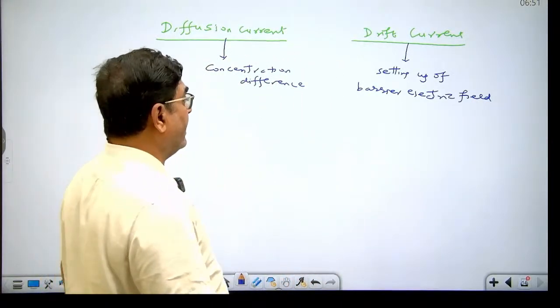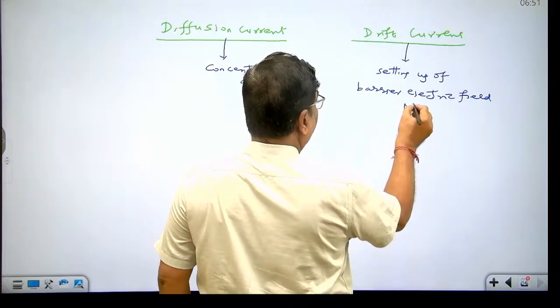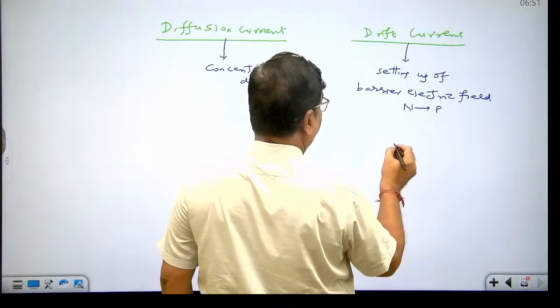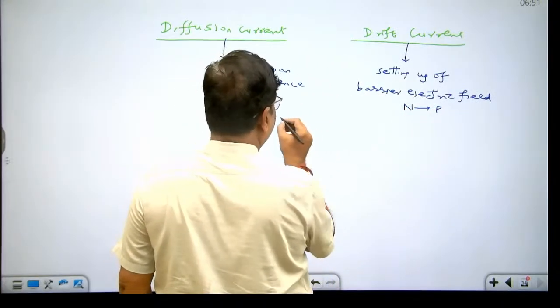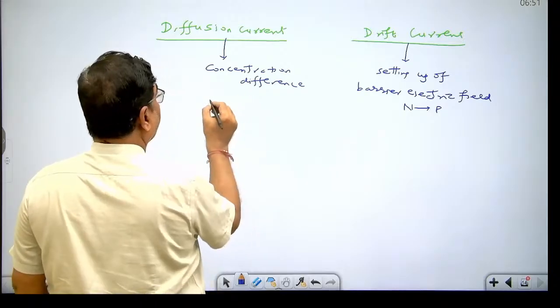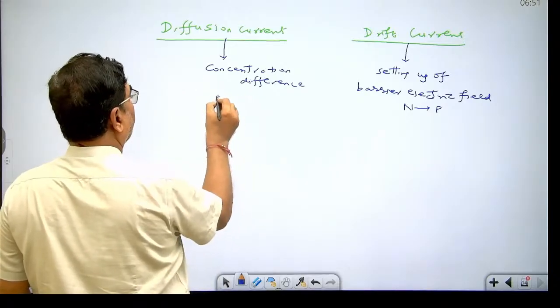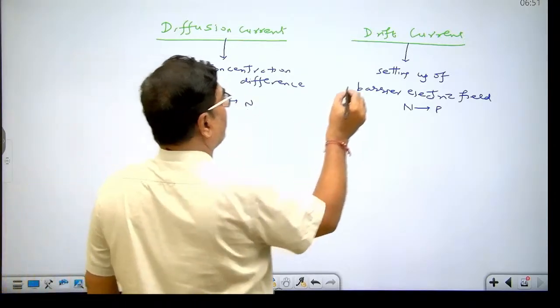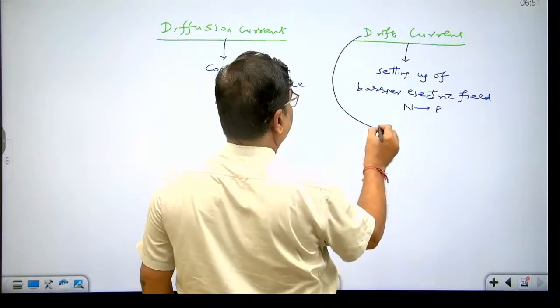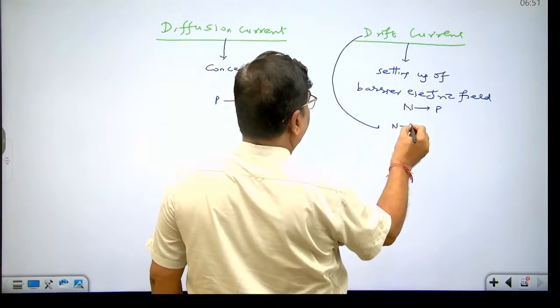And the direction of barrier electric field at the junction is from N part of crystal to P part of crystal. You can see here. And direction of diffusion current is from P to N, and direction of drift current is from N to P.